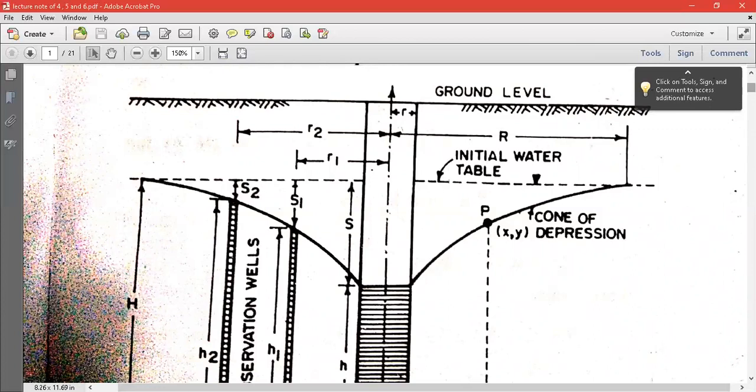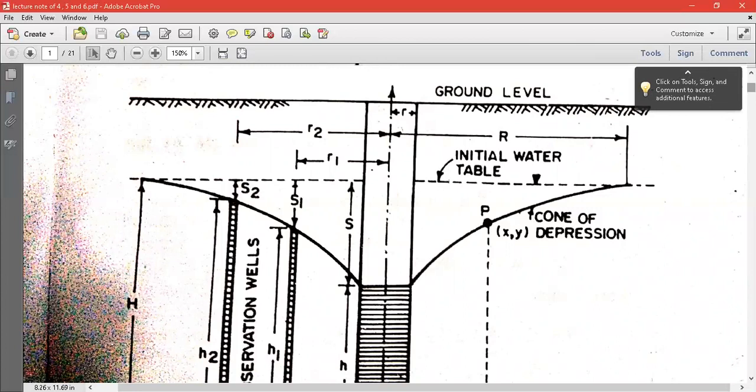When I talk about considering the derivatives at a certain elemental point, I must position the coordinates of that point in the parabolic profile system, which is denoted by P, and the coordinates are x, y. Let us consider a point P whose coordinates are x, y.